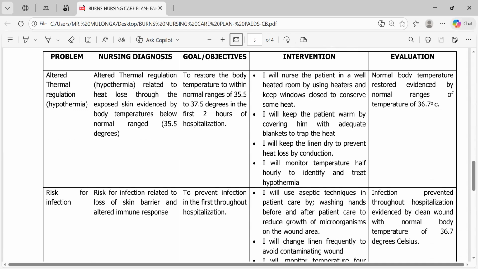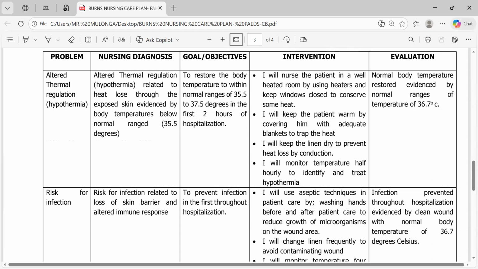The fourth problem is that because the skin is exposed, because the skin has been removed, it means that there is a high chance of heat loss through evaporation, just like the person was losing a lot of water through evaporation.